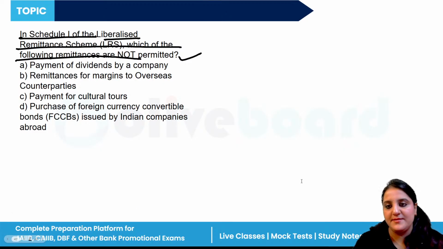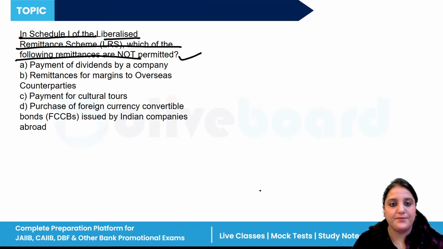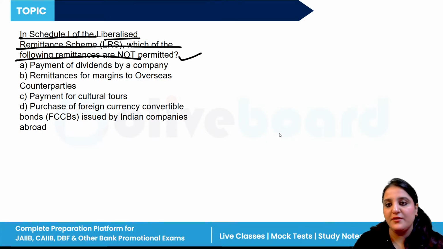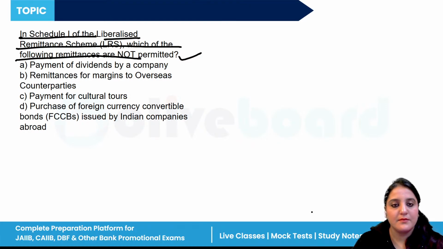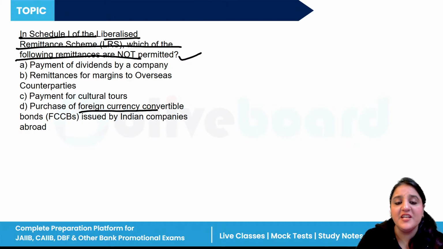See, the correct answer here is purchase of foreign currency convertible bonds issued by Indian companies abroad.